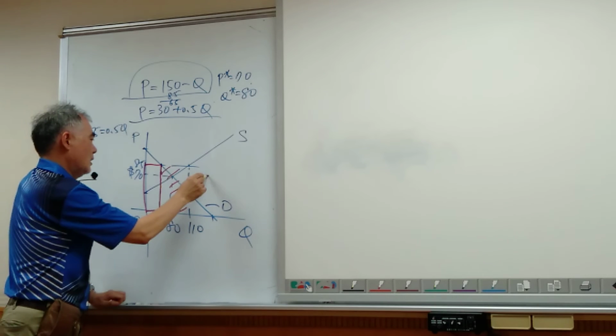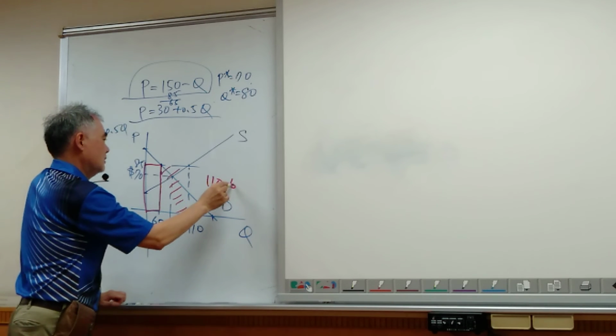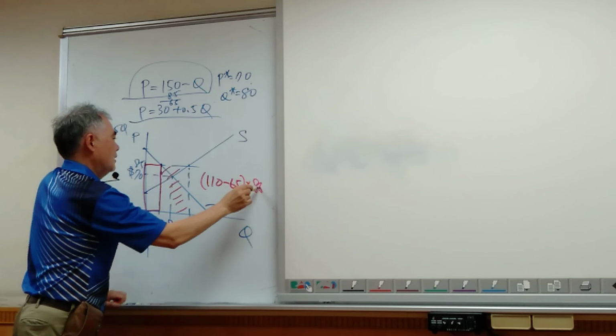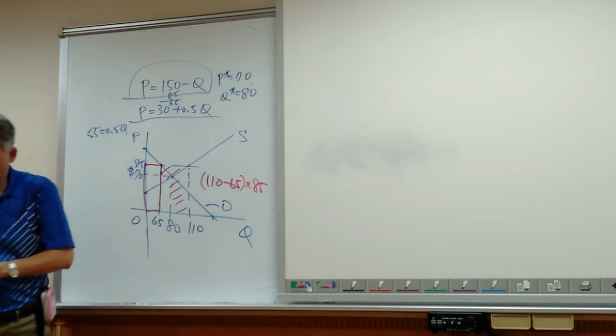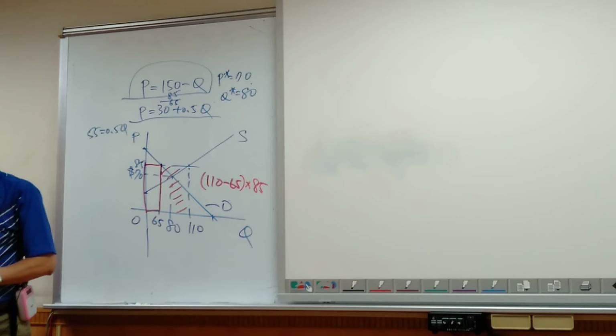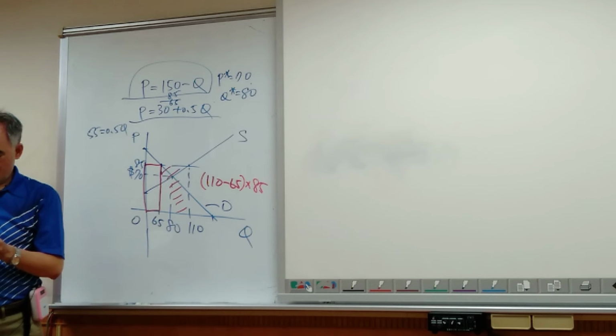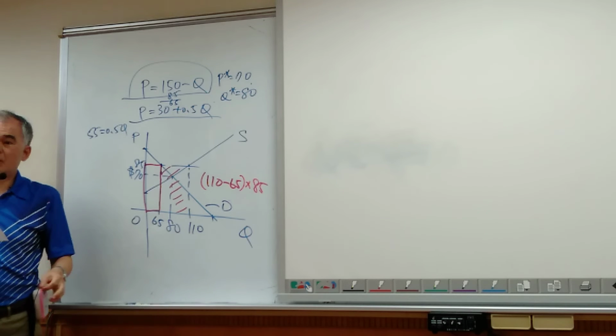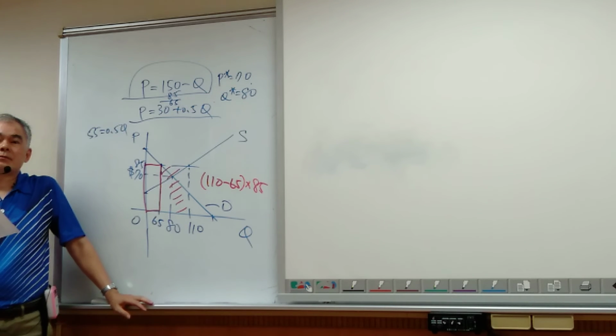So it is 110 minus 65, and times it by 85. So the answer is 38.25. Okay, questions? Any questions?